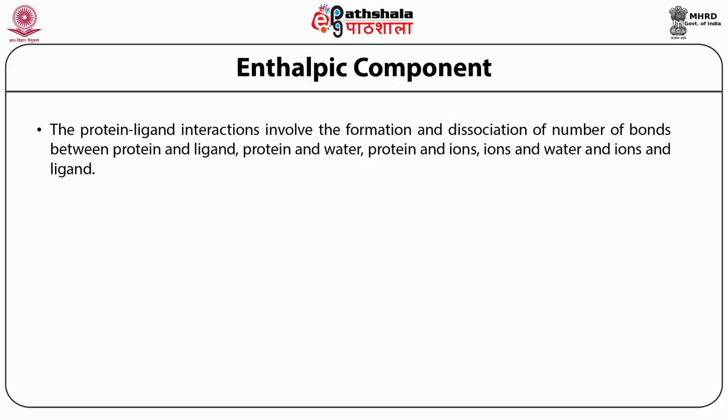Just opposite case, whenever a bond is formed, heat is going to be expelled, or it is an exothermic reaction. So, total enthalpy change is net contribution from bond breakage and bond formation.